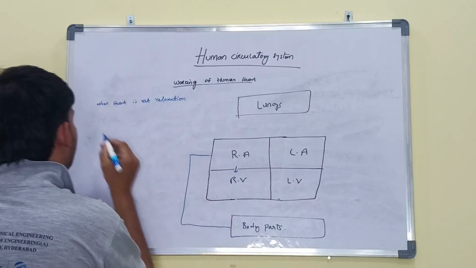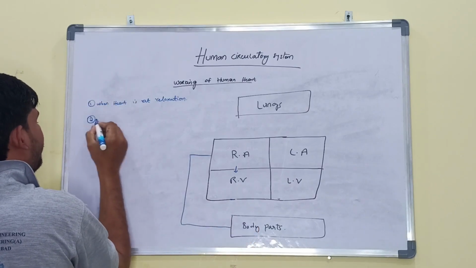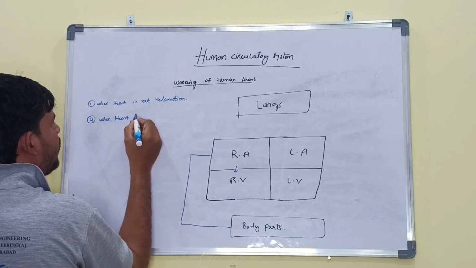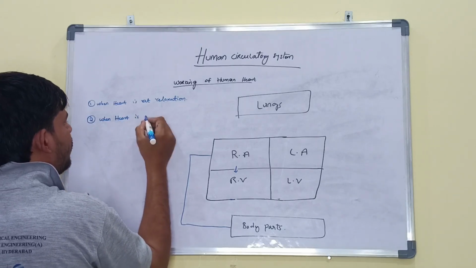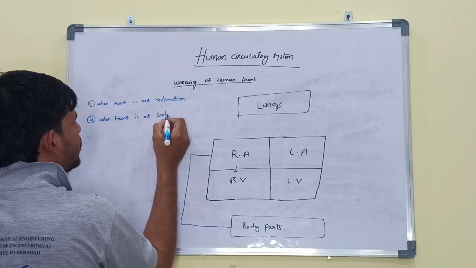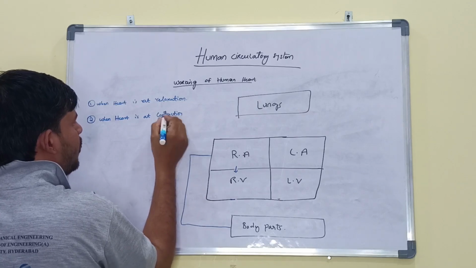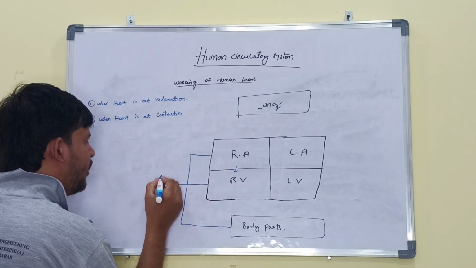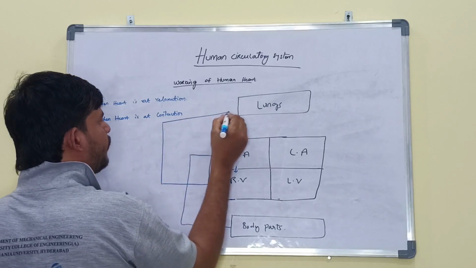Then second one, when heart is at contraction, now the blood will be transported from right ventricle to lungs.